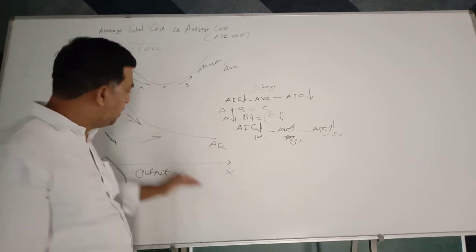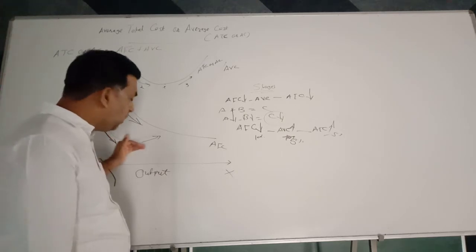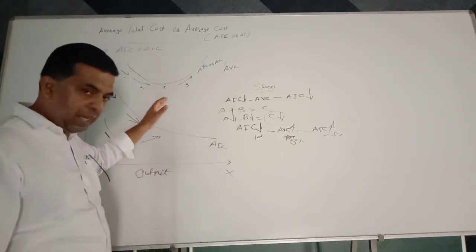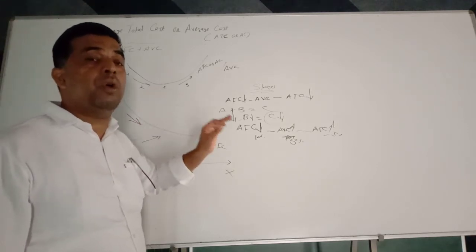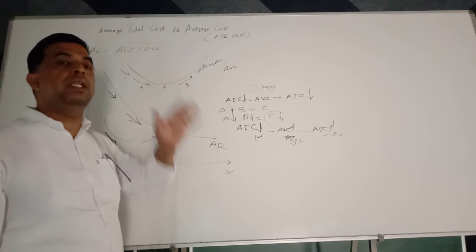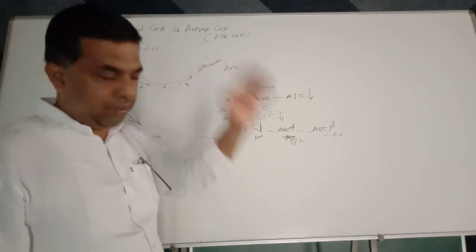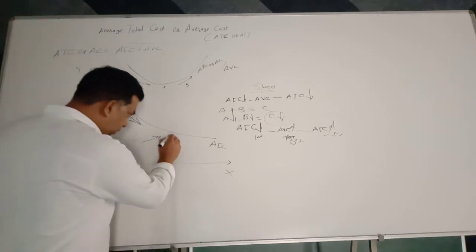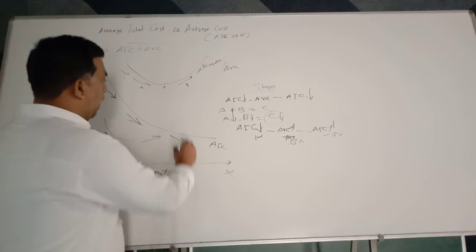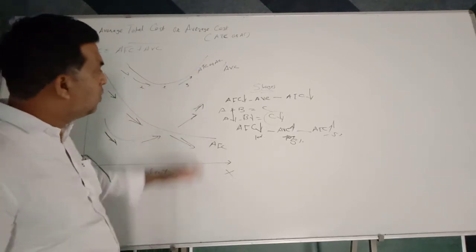In the second stage, average fixed cost falls, average variable cost rises, just started rising. As a result, average total cost also falls. What is the reason? Fall in AFC is greater than rise in AVC. In the third stage, average fixed cost is still falling, average variable cost rises very sharply. So क्या होगा?